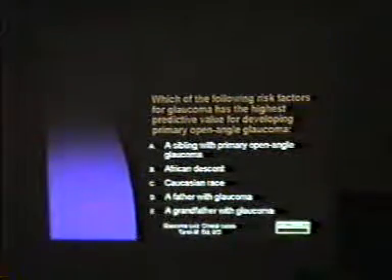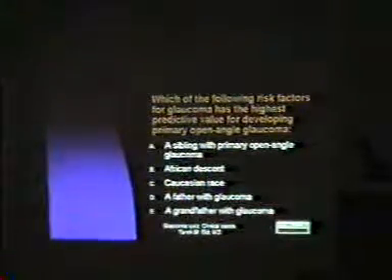In this order, it's about 3.9, then 2.7, and then 1.3. So a sibling with primary open-angle glaucoma is the highest factor to predict primary open-angle glaucoma. Okay?